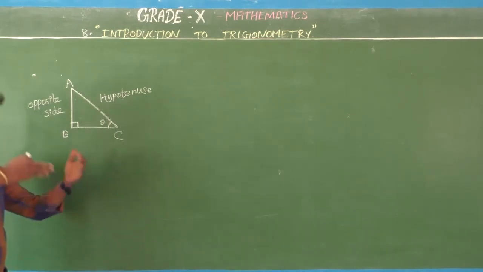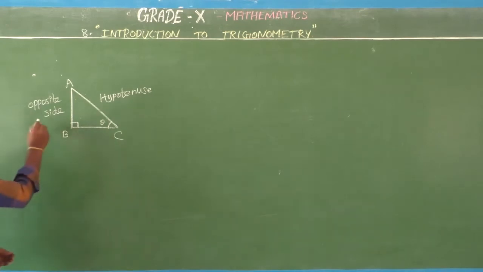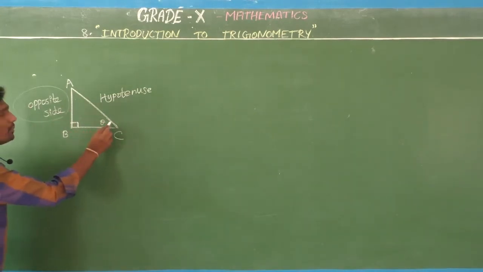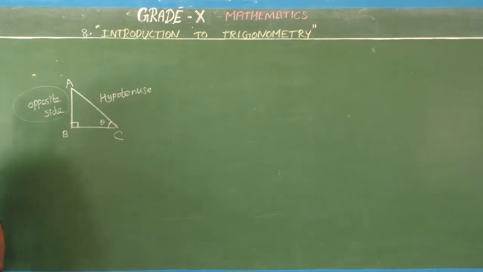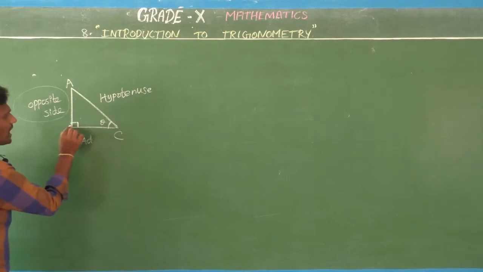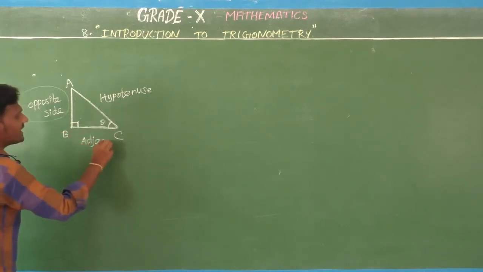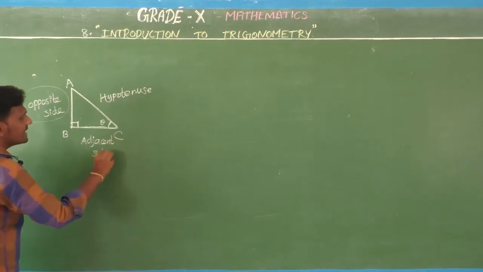From your previous syllabus we studied this as height. Now coming to the trigonometric ratios, we give the name opposite side. So what is the opposite side? The side which is opposite to angle theta. Okay, and the remaining side, which is adjacent to that angle, is called the adjacent side. What is the side? Adjacent side.